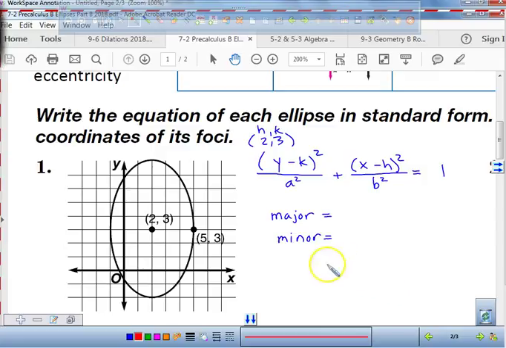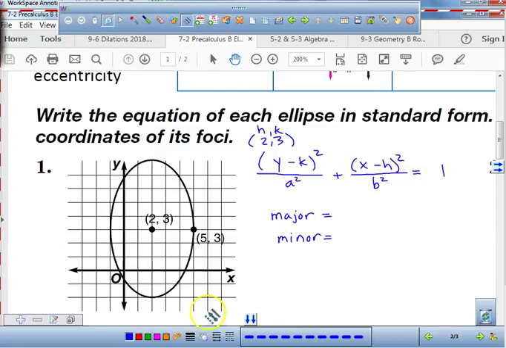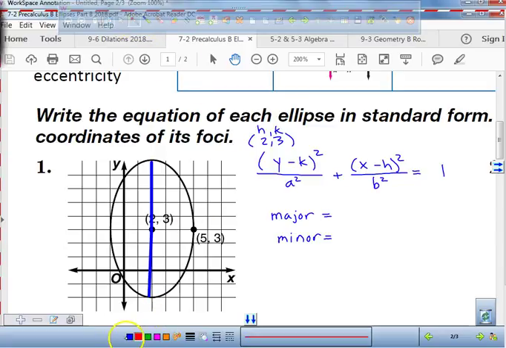So right now, let's think of our major axis. Our major axis goes from here going up and all the way down. If our major axis is equal to 2 times a, 1, 2, 3, 4, 5, so our major axis is equal to 10 units, which means our a value is equal to 5.